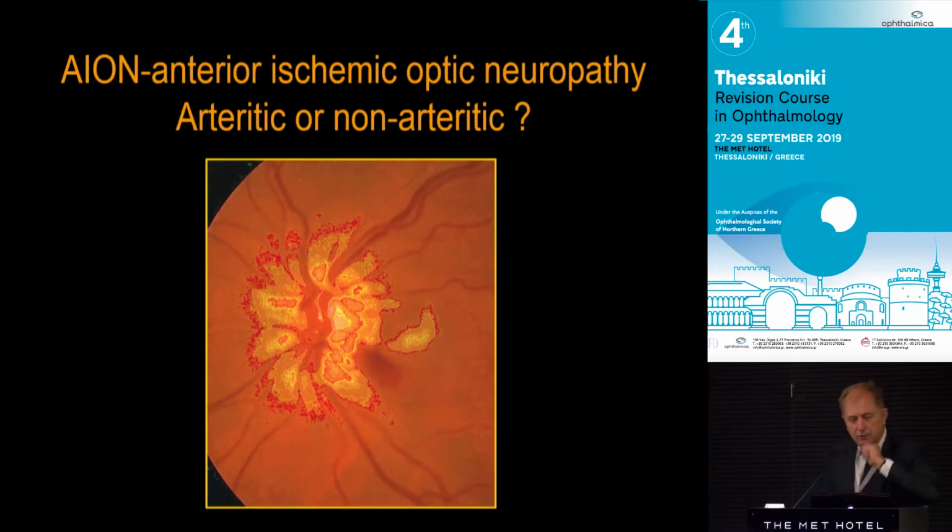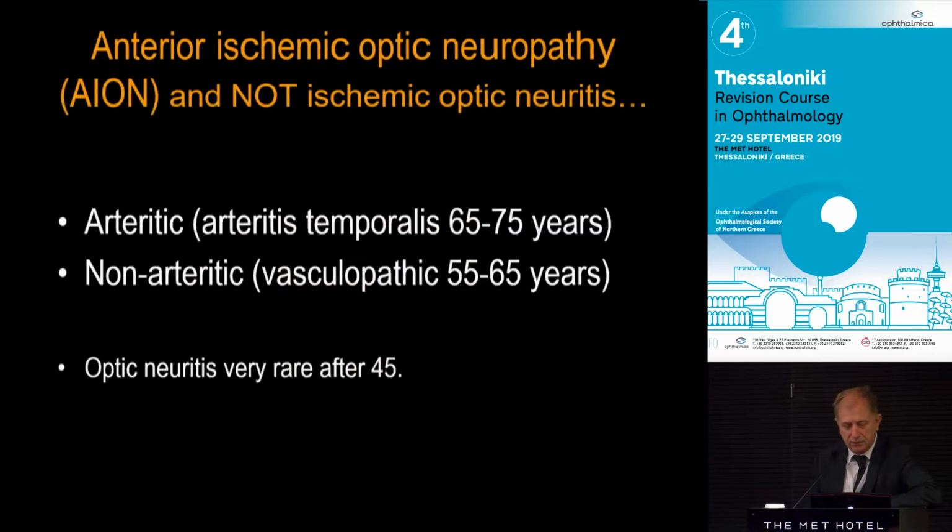Now, if we go now to ischemic optic neuropathies, what you typically see is this disc swelling, which usually will have some splinter hemorrhages around the disc, and they would usually have some soft exudates or cotton wool spots, and they would be poorly demarcated. Now, is it arteritic or non-arteritic? You can't say by the presentation.